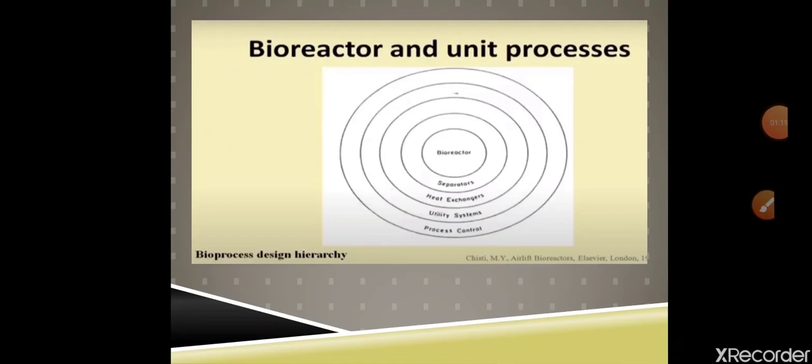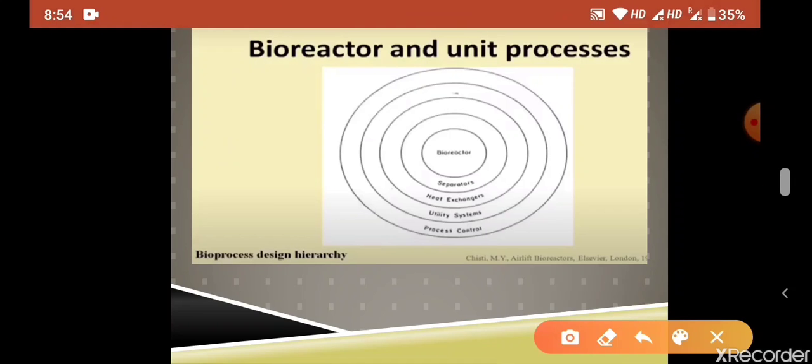Now these bioreactors and unit processes can be different, like this. This is the bioreactor that we have. If you look, it is connected with separators, heat exchangers, utility systems, and process control, because these are part of the bioreactor and unit processes.